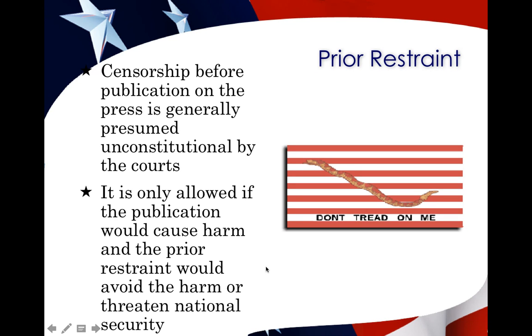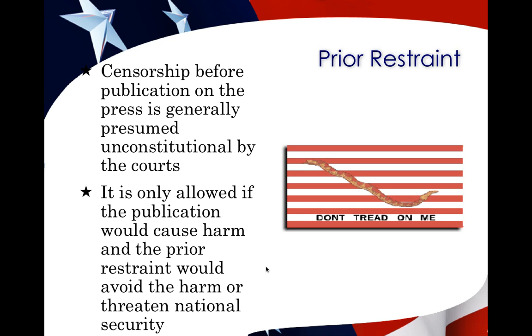So prior restraint is another term you should know. When the government tries to censor materials or a publication, the courts will always first say this is unconstitutional, and it will only be allowed if the publication would cause harm and the prior restraint would avoid the harm.